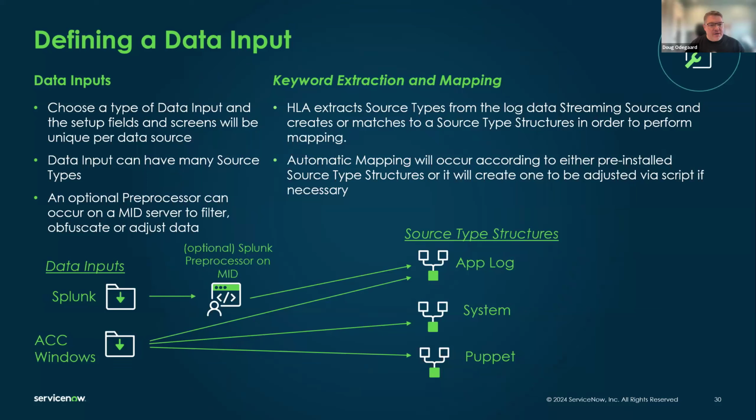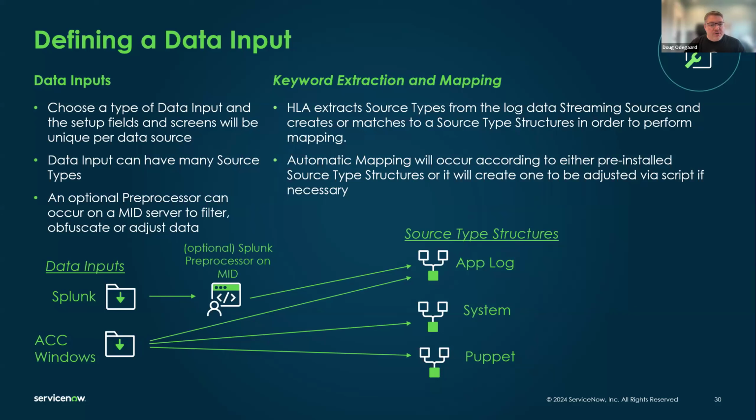Now, this is just a picture that I wanted to show you, just to dive a little bit deeper into it. When we define those data inputs, for instance, we might be getting data from Splunk, or we might be getting data from an ACC agent on a Windows server. We have the opportunity to do one particular thing before it heads into your ServiceNow instance into HLA.